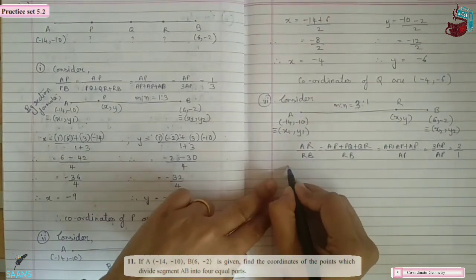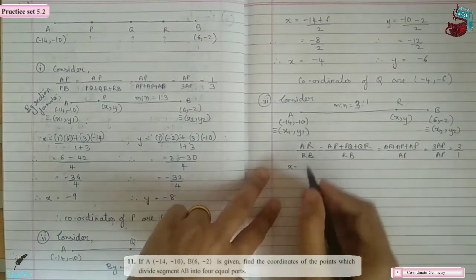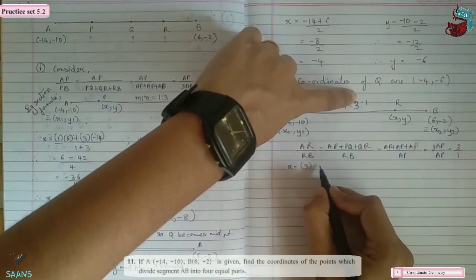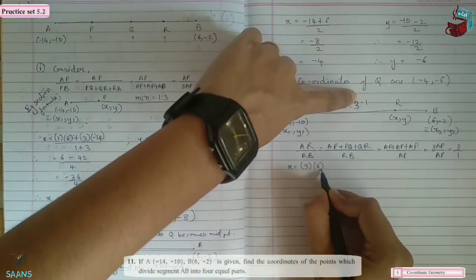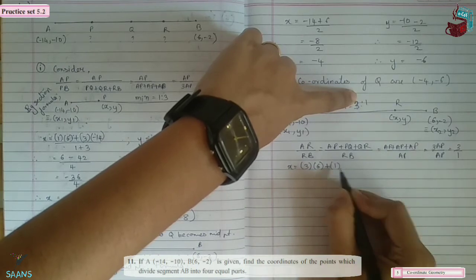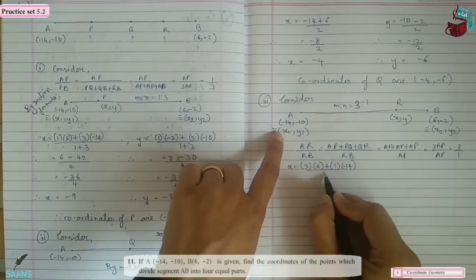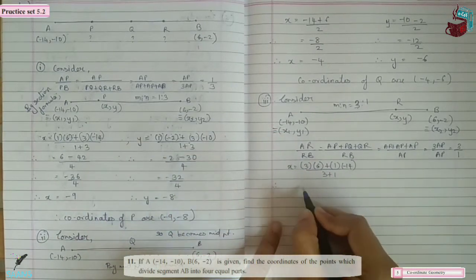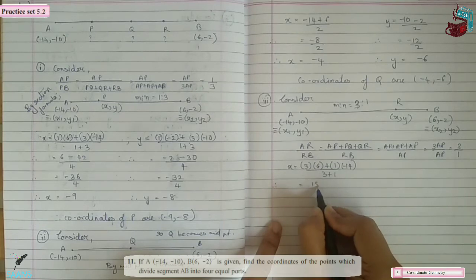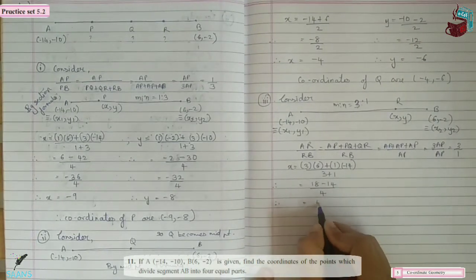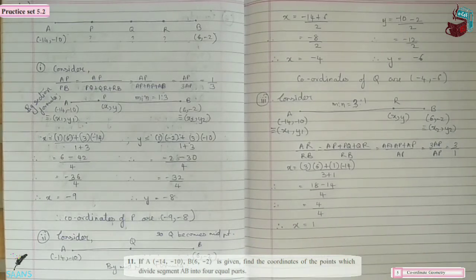So we find the value of x. x is equal to (m x2 + n x1) upon (m + n). Therefore, that is (3 times 6 is 18, minus 14) upon 4, which equals 4 upon 4. Therefore, x is equal to 1.